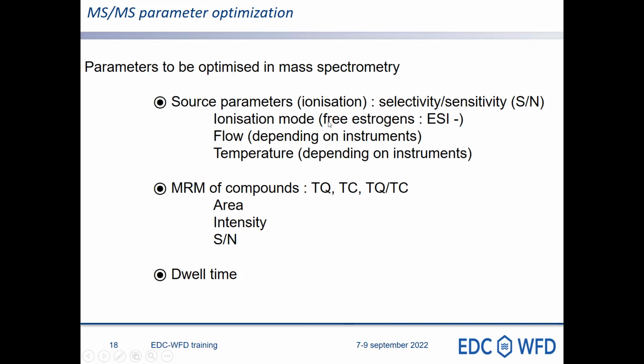We will discuss the ionization mode, free estrogen in negative mode at first, the importance of the flow and the temperature, and the MRM conditions: the choice of transition of quantification, transition of confirmation, the importance of the ratio of both, and its stability in different conditions and over time. We will also discuss the critical parameter dwell time.